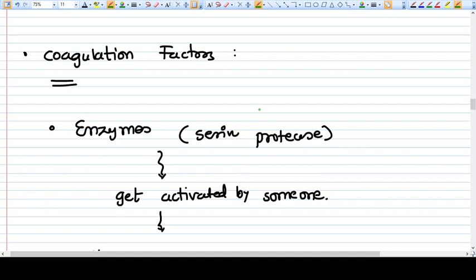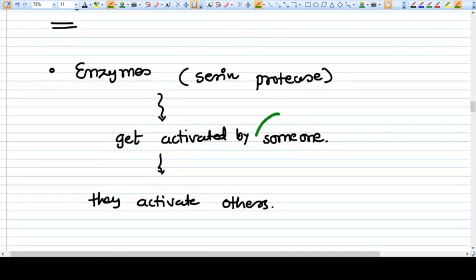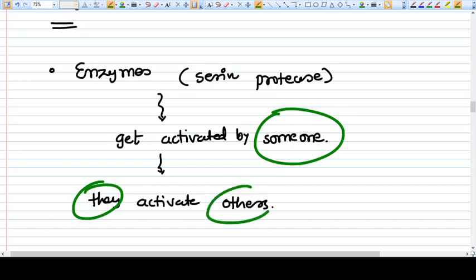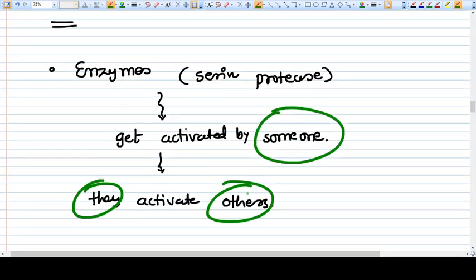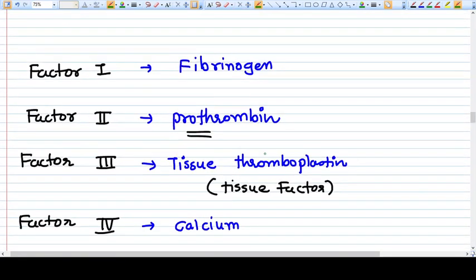What do they do? They get activated by someone, and in turn they will activate others. It's a very easy thing. Now let's talk about them one by one.